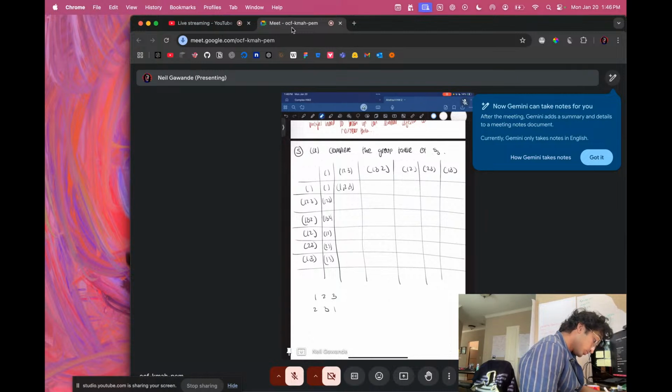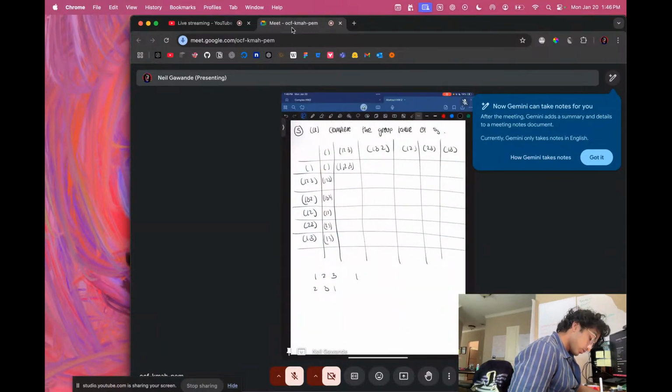1 goes to 2, 2 goes to 3. The fuck are you talking about? 1, 2, 3. Takes 1 to 2. Takes 2 to 3.